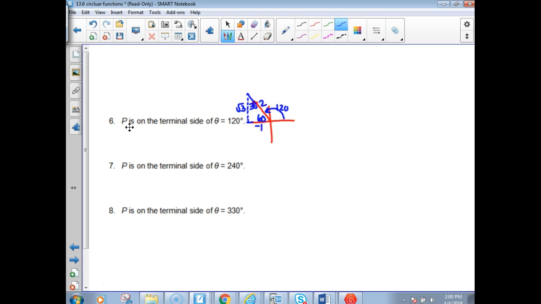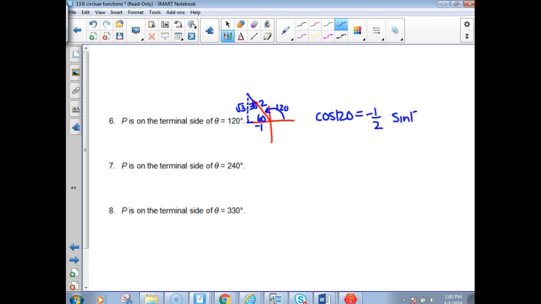So if you're trying to find, well, what did it ask us to do? Are we still finding sine and cosine of these? Okay, so if we want to know the sine and cosine, the cosine of 120, that's what we're finding. I'm using the angles. I'm not writing theta because we actually know the angle measure. The cosine of 120 would be adjacent over hypotenuse, negative 1/2.